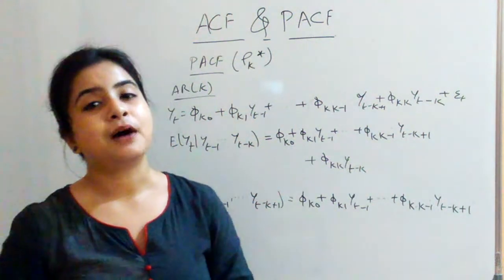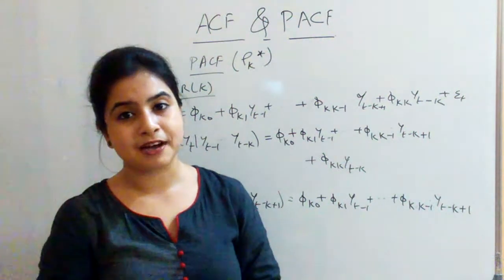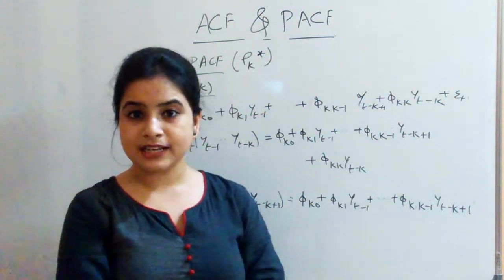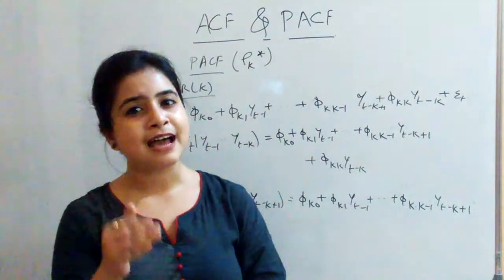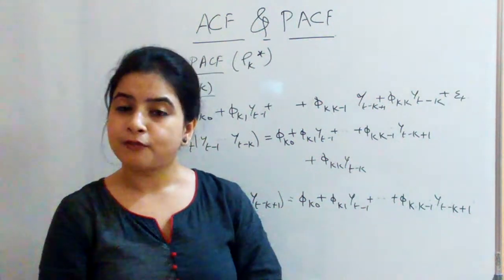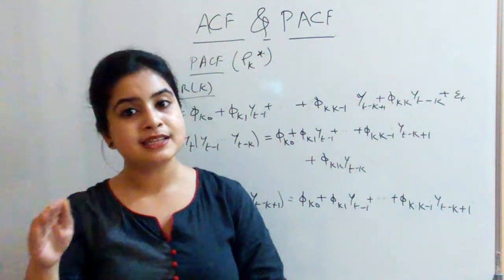Now moving on, let's see what the partial autocorrelation function we have found out. While calculating the autocorrelation function, we always have to include the marginal change from yt to yt minus k.